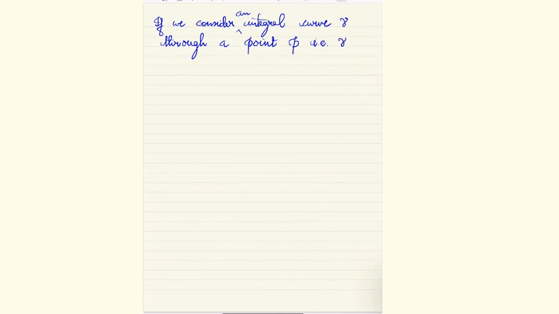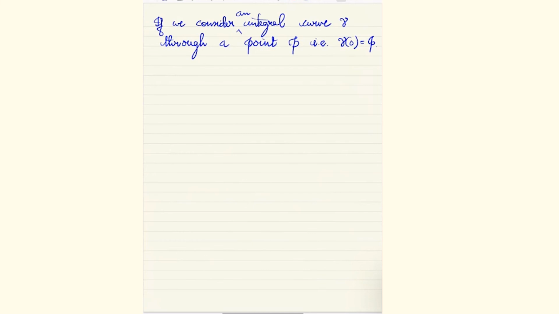If we consider integral curves to vector fields through a point, so an integral curve gamma to a vector field through a point P, for us, through a point means gamma of 0 is P. In our definition, I will always be an interval around 0 in practice at least.